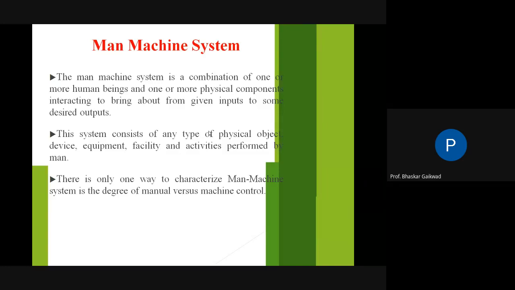Through the display, man will sense, and with the help of that sense, he will make the arrangement or make the program, and then the program will be sent to the control of the machine. The machine will do that operation, and whatever operations happen will be shown on the display board. So this is the cycle of the man-machine system.